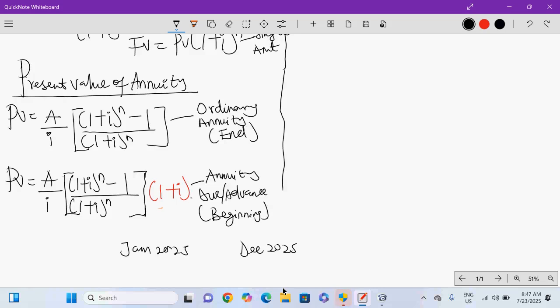It is the one that invested in January, because he's going to earn interest from January through December. But you that invested in December 2025, are you going to earn interest in 2025? No. You start earning interest in the following year, which is 2026.